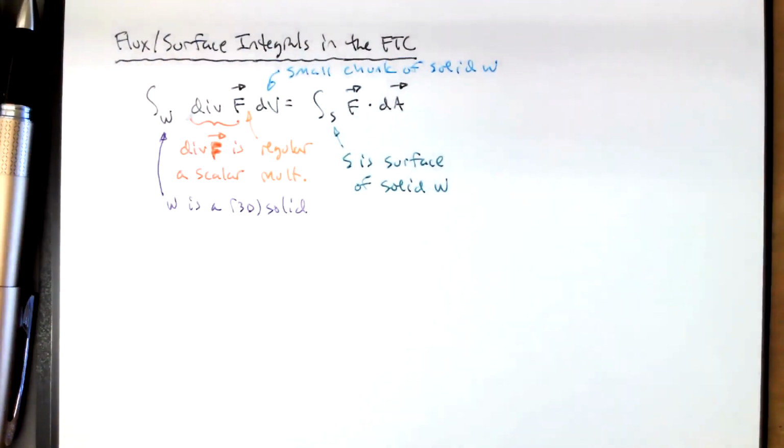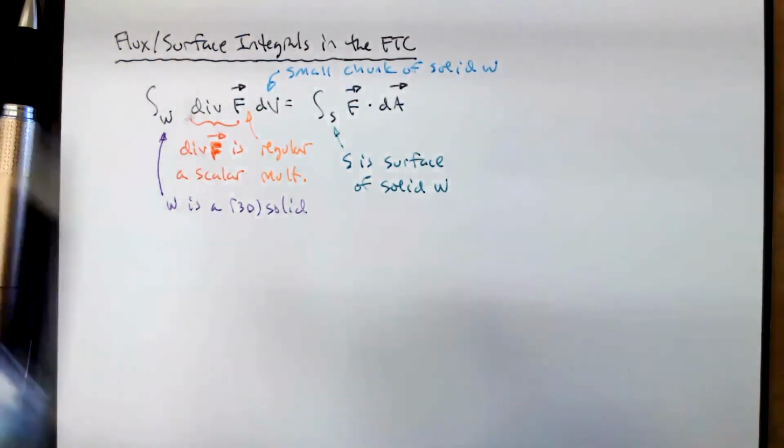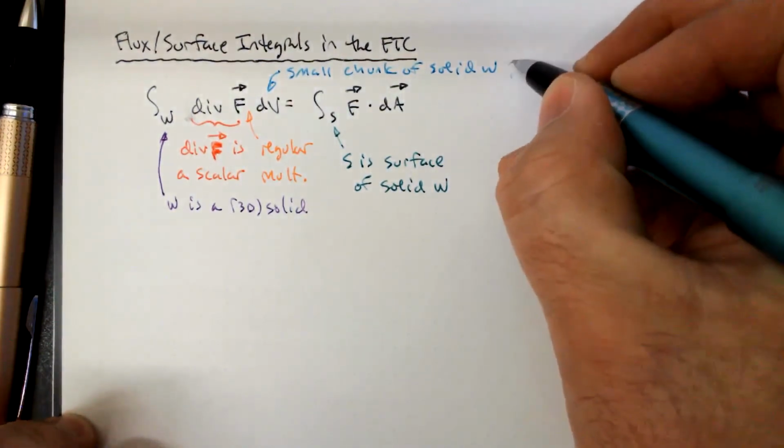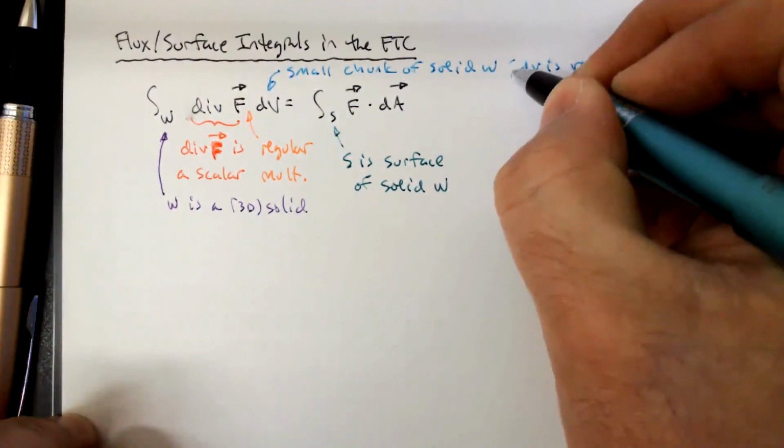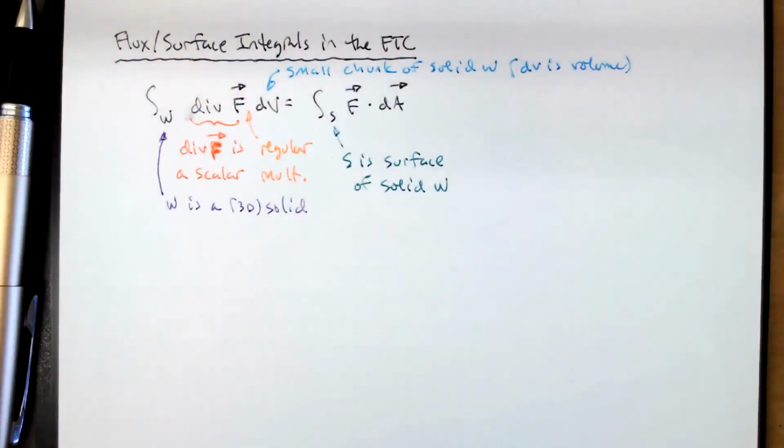We've got the same kind of parts. We've got some small chunk of the solid W. We'll multiply that volume by the divergence of the vector field, whatever that might be. And we'll do this at all the points in the solid W and add them up.